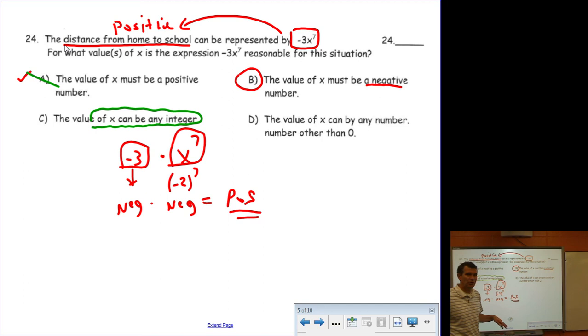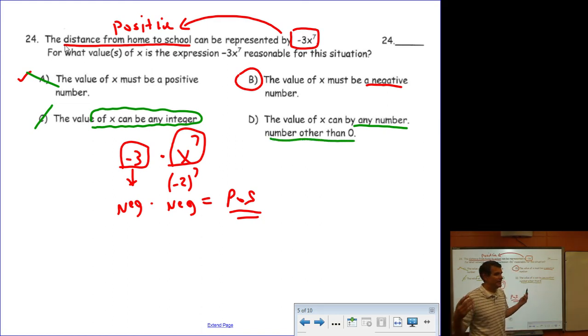Positive numbers don't work. So it cannot be answer C. And last up, the value of x can be any number other than 0. Well, any number other than 0 would include positive numbers. And again, as we saw from part A, positive numbers don't work. So that can't be the answer. The answer should be B. All right? Hope that helped.